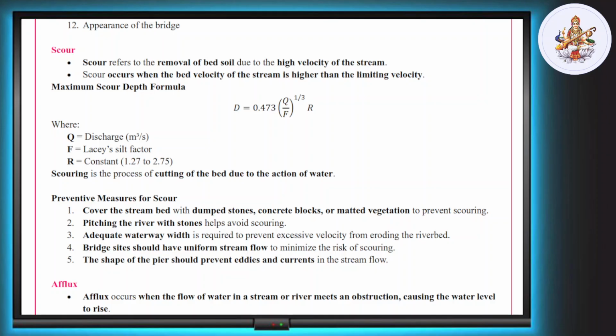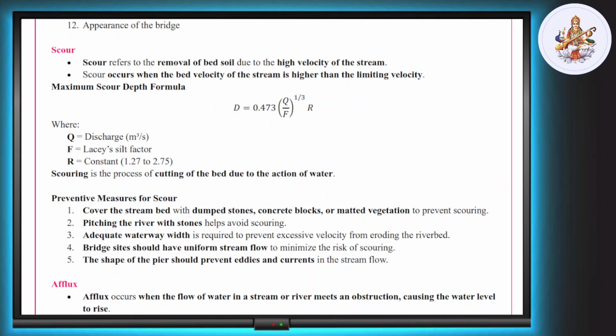In the formula, D is equal to maximum scour depth in meters, Q is equal to discharge in cubic meter per sec, F is equal to Lacey's silt factor, which depends on soil, and R is equal to a constant, typically between 1.27 and 2.75. The most important point here is, as discharge increases, scour depth increases.